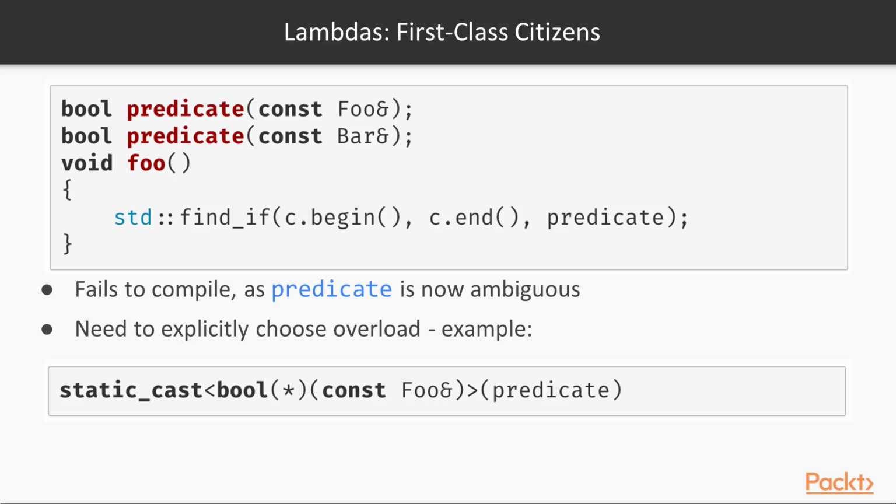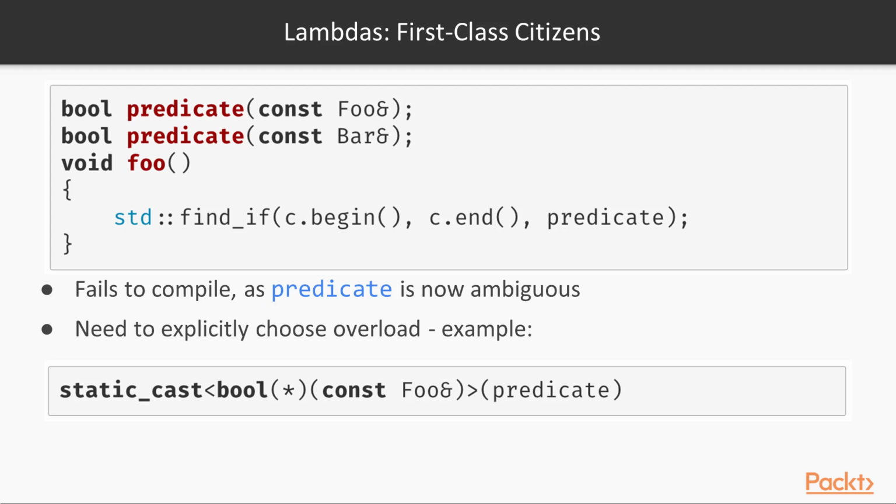As soon as you have something slightly more complicated, such as an overload set called predicate, with an overload that takes a const Foo& and an overload that takes a const Bar&, your code will fail to compile. In this case, trying to pass predicate to the find_if algorithm is now ambiguous, because this will try to implicitly convert predicate to a function pointer, but won't know what overload to take.